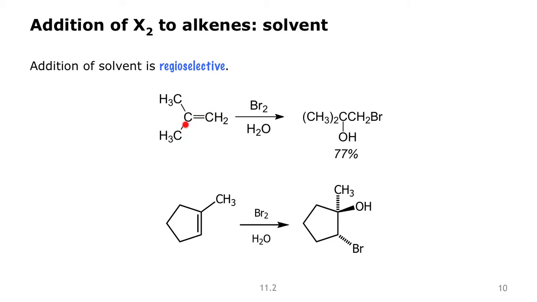For instance, this is a tertiary carbon, this is a primary carbon. In the example below, we have a tertiary carbon and a secondary carbon. The observation is that when these reactions occur, we end up with the halogen attached to the less substituted carbon, and the solvent is reacting at the more substituted carbon center.